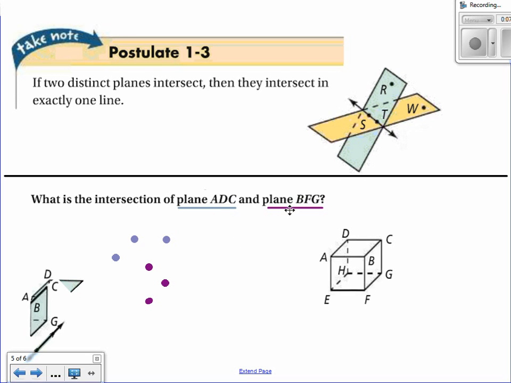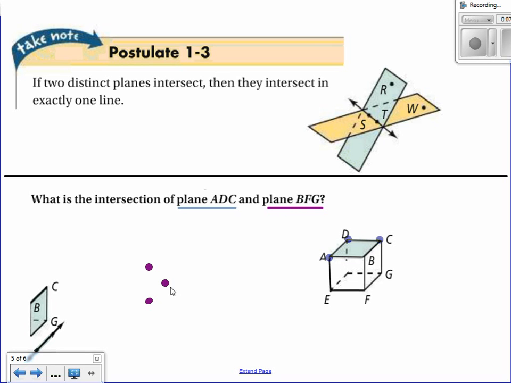Okay, so how is that useful to us? What if we had a question of what is the intersection of plane ADC and plane BFG? Well, plane ADC on this cube is defined by those 3 points right there. And it might be fairly easy to see that plane ADC is actually the top part of that box.